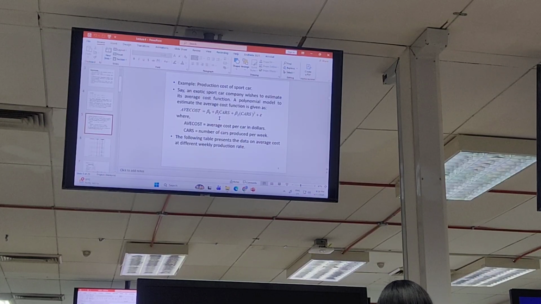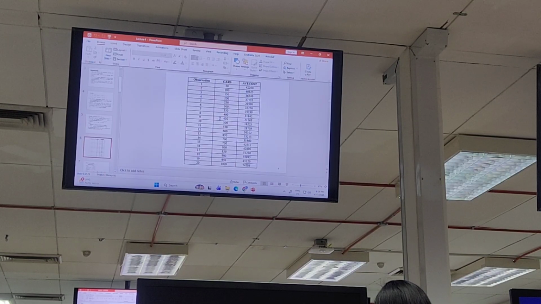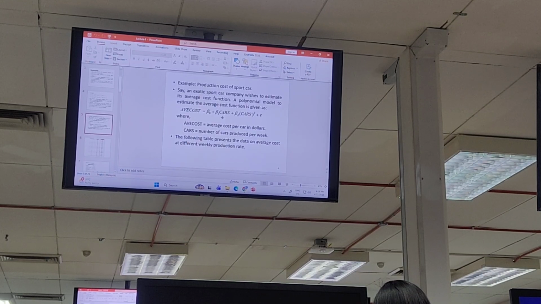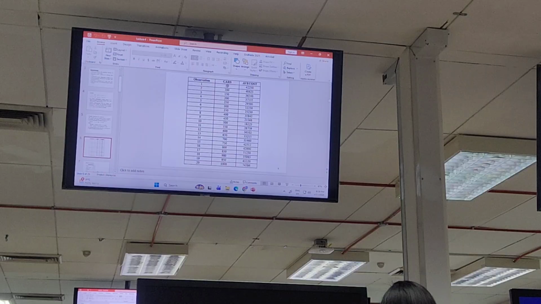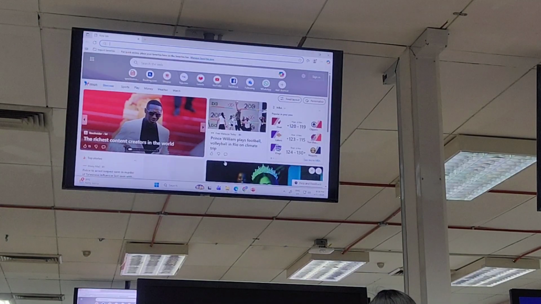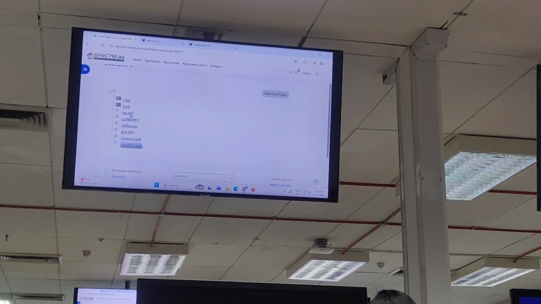If you inspect the series of the variable, you can see that a linear relationship between y and x is not suitable to represent the relationship between cost and average cost. So you open the data.